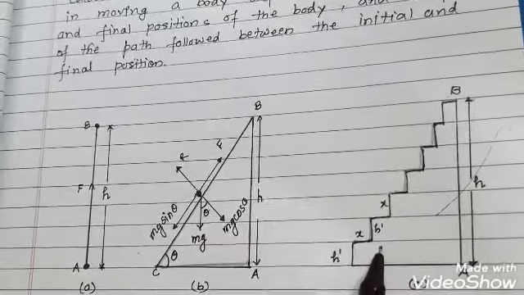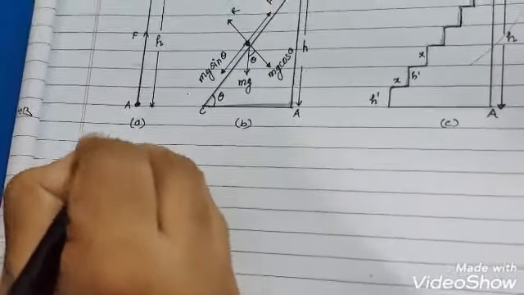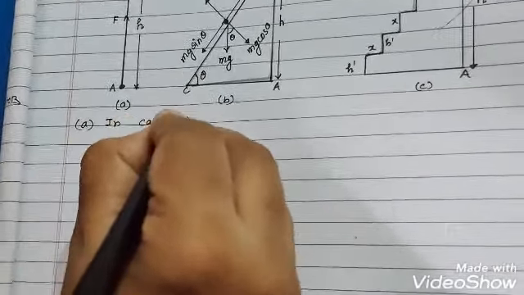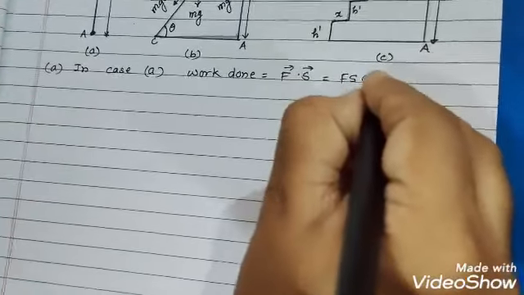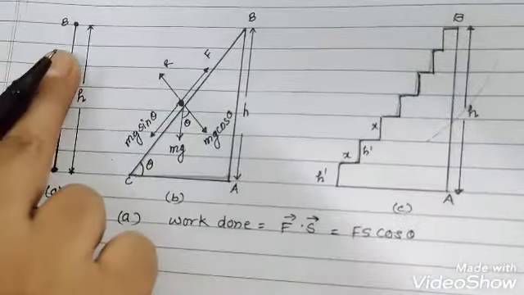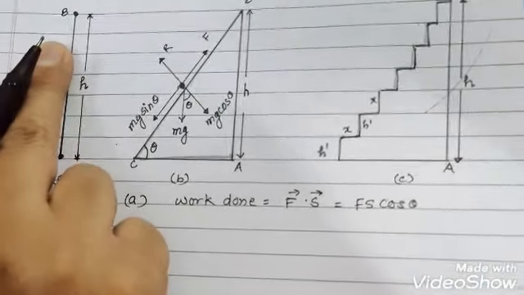Look at the first case, in which we shift the object from a to b. In case a, the work done can be given by force into displacement, F dot S, or Fs cos theta. But the force is working perpendicular upward and the displacement is also perpendicular upward.